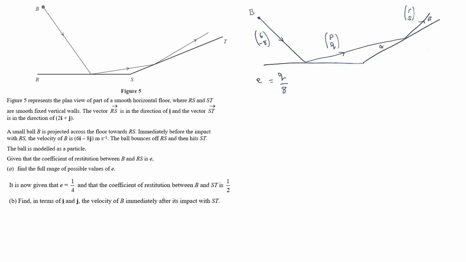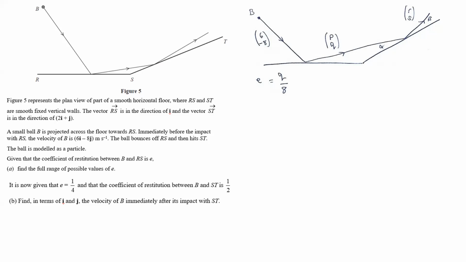Okay, so I've said E is equal to Q over 8. Remember the top line is along, parallel to the first wall, and the bottom one is perpendicular to it. Now Newton's law only applies to perpendicular, so it's Q over the path: the speed of separation at the top, the speed of approach at the bottom.